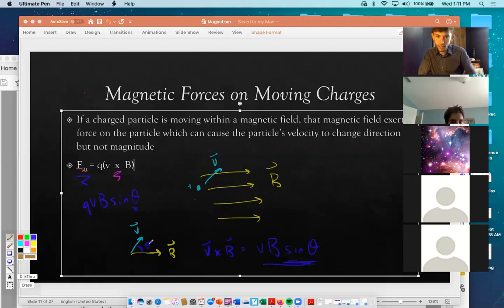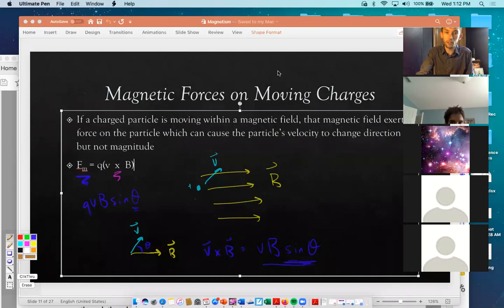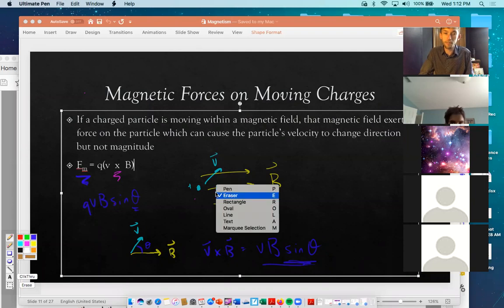Okay? So let's talk about this statement here. This magnetic force is only going to cause the particle's velocity to change direction, but not magnitude. The reason is that this force will always end up perfectly perpendicular to the velocity, so this will always be true.